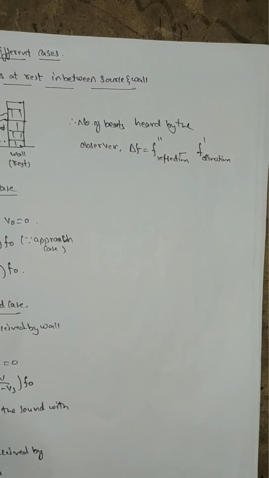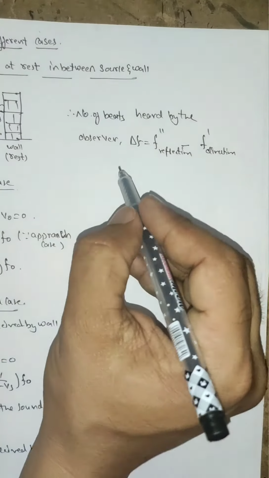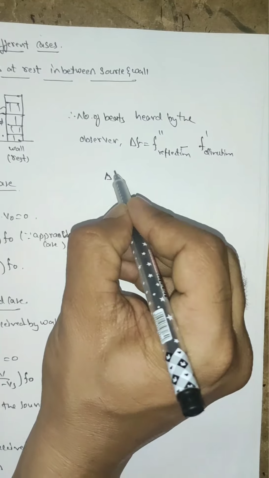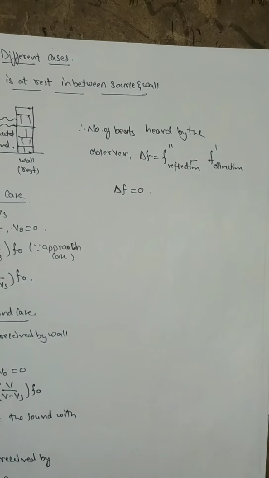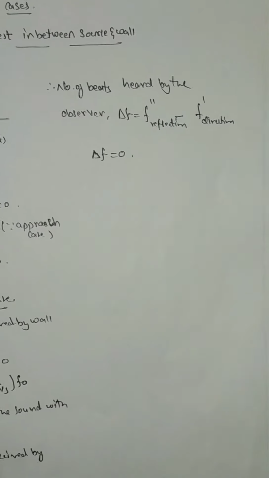Clear? That is the number of beats heard by the observer between the direct and reflected sound. Here both are the same, so delta f is equal to 0, which means no beats are heard by the observer.